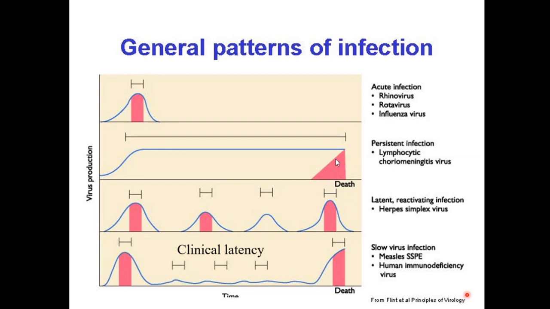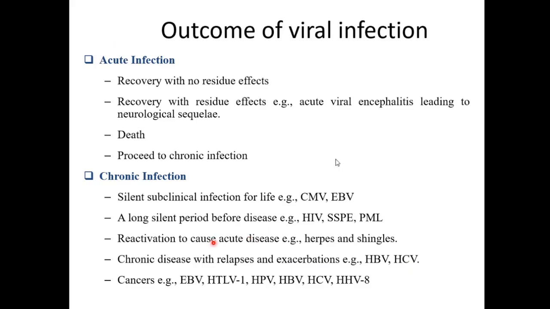Same here, showing the same things. Acute infection like rhinoviruses, the common cold, rotaviruses, influenza viruses. This will just be acute and finish without any problem. Some can just be persistent until death. Some others have these reactivation cycles, like herpes.